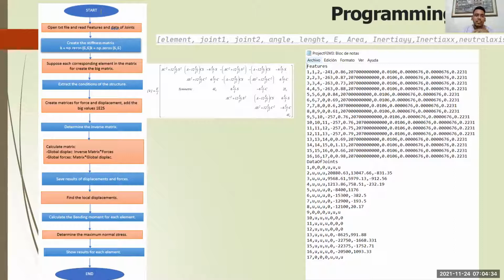Once the internal force distribution is calculated, we obtain the bending moment distribution for each element. The last part is the result file, and then the program creates a text file with the result for each joint and the respective safety factor for each element.